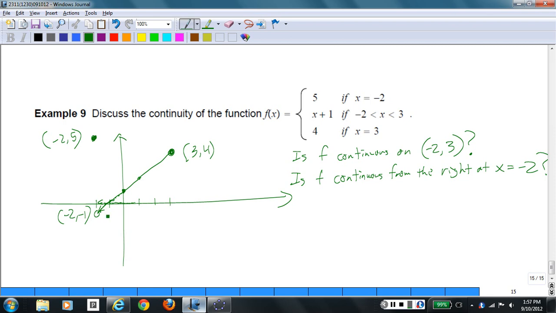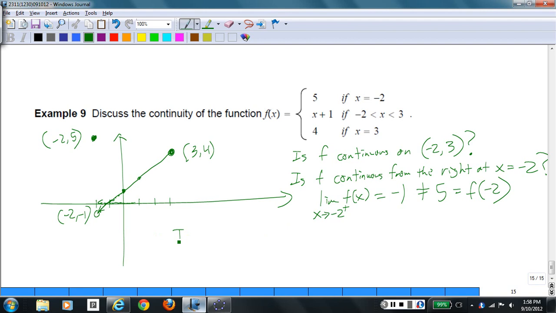Well, they're approaching a point that has -1 as its y coordinate, so that limit exists, but it needs to equal 5 if it's going to be continuous. So the limit of f of x as x approaches -2 from the right equals -1. But sadly, that's not equal to 5, which is what f of -2 is. Bummer. So we cannot include the -2 in the interval where this function is continuous.